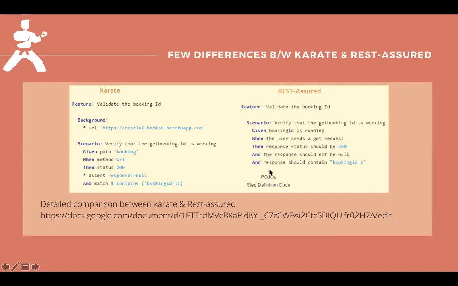But here you need to write the step definition code, inside that you're checking and validating the response and things like that. So this is where Karate stands out. In Rest Assured, you're writing the feature file, and you're also writing step definition code. For detailed differences, you can have a look at this link. This is given by the community. You can take a look at it in detail.